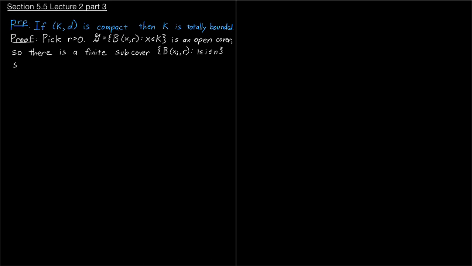And if you write out what it means to be a cover, that's precisely that K is in the union of these balls for some points x1 through xn that have to be in K, because our cover started with balls centered at points in K.